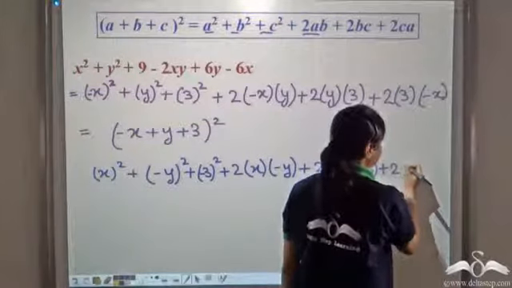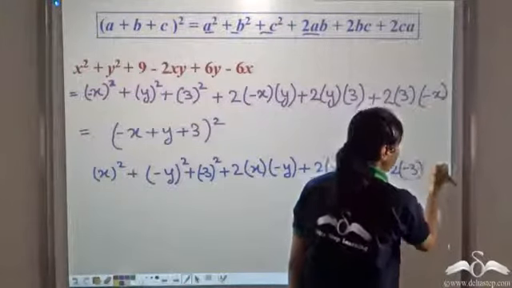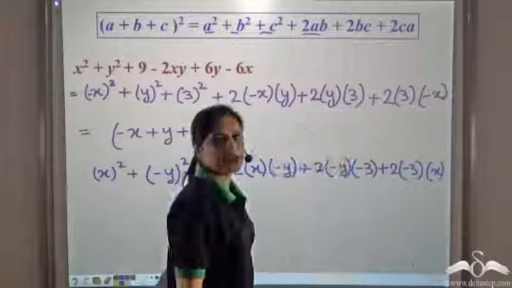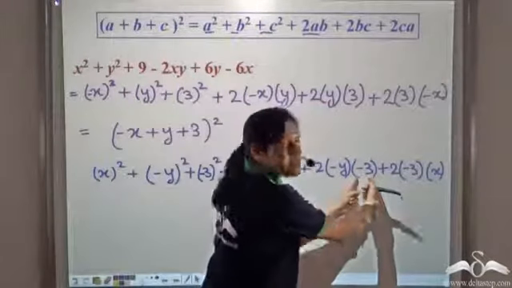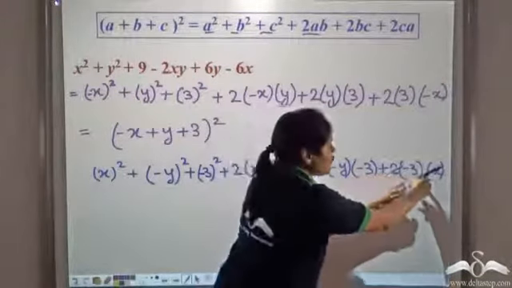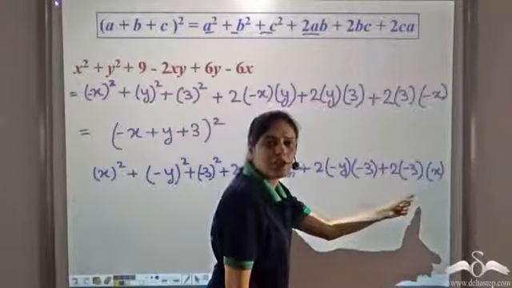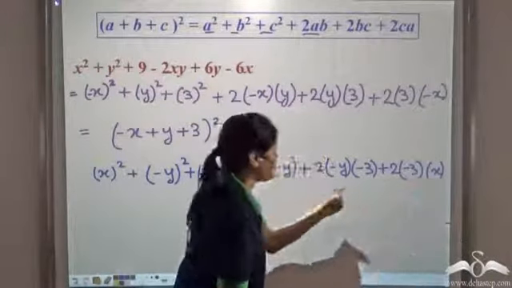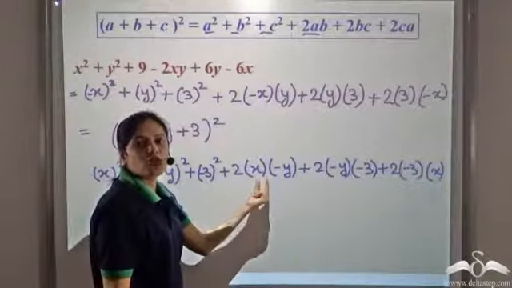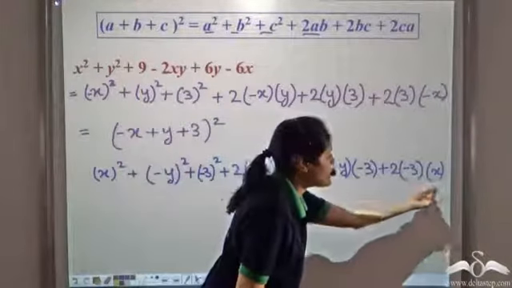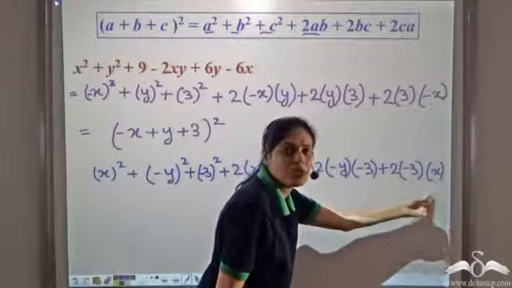For the last term, I take 2 into negative 3 into x. Because we have already considered the negative sign to be with 3, we have to take the negative sign with 3 here also. And x, we have considered x to have a positive sign, so we will consider x to have a positive sign here also.